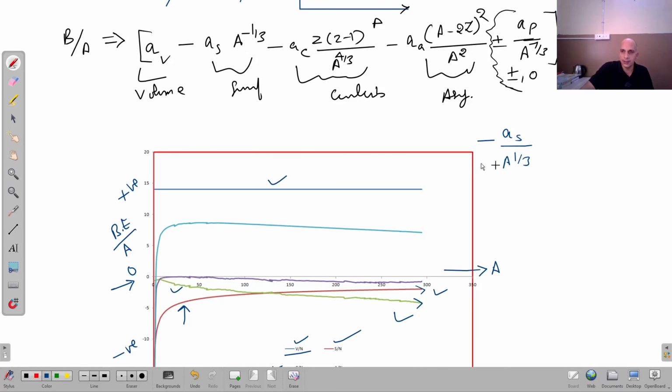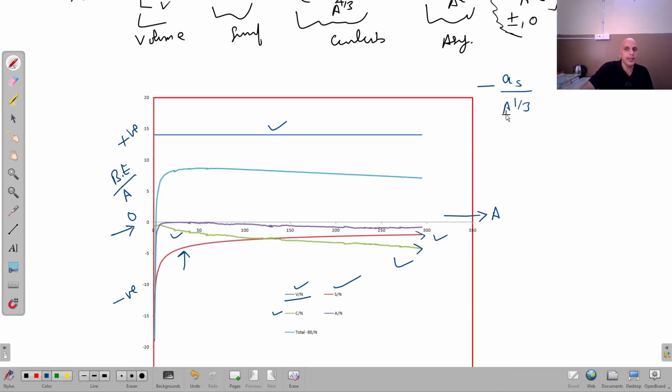The first thing is this term is negative. So when A starts from 0, this term will approach infinity. As the value of A increases, it will become less negative. It will approach 0 when A becomes infinity. So you can see the same type of graph. This graph corresponds to the surface energy term.